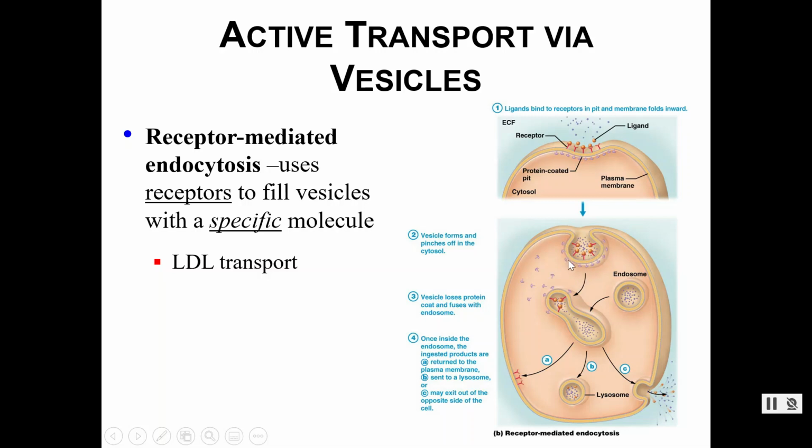Anytime you hear about any kind of transport, if it mentions receptors, it's receptor mediated. If it does not mention receptors, it's not receptor mediated endocytosis. So don't let this confuse you. This is how we move LDL particles into our cells. This is a type of bad cholesterol that we would like to get rid of. So we can bring it into the cell, kind of destroy it, and kind of get rid of the pieces.